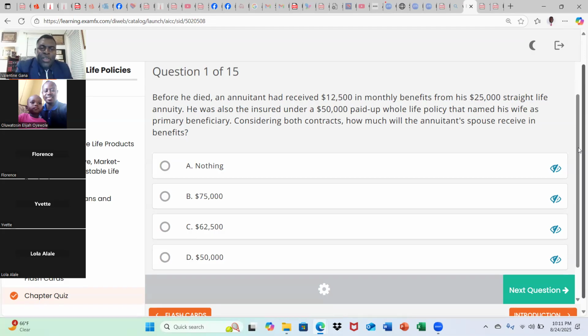The first part of that question says, before he died, an annuitant had received $12,500 in monthly benefits from his $25,000 straight life annuity. What type of annuity was that? Straight life annuity. What does a straight life annuity say? They pay you the money for your life while living.